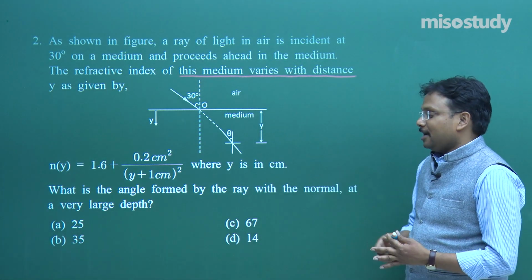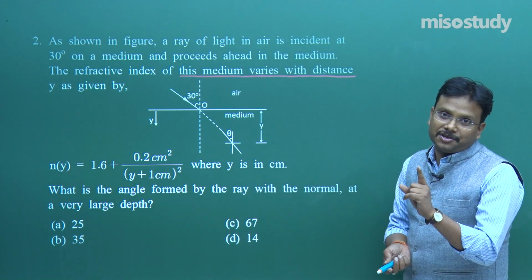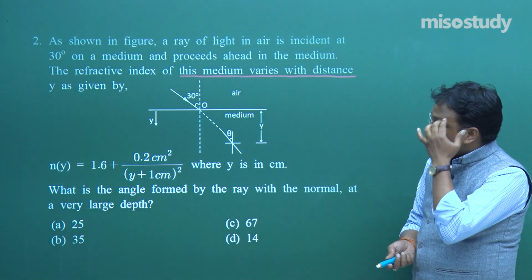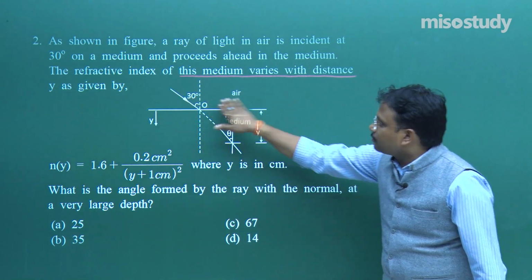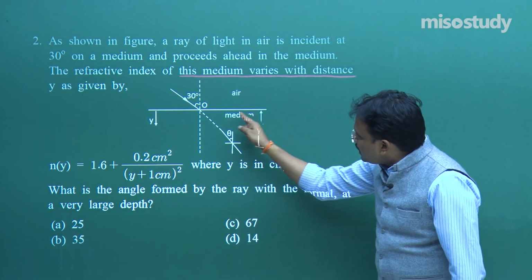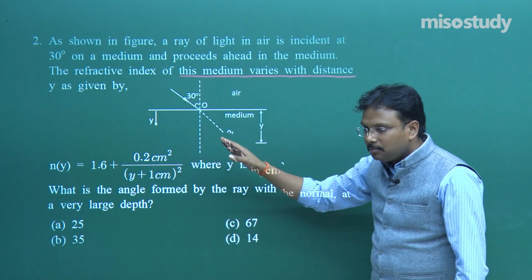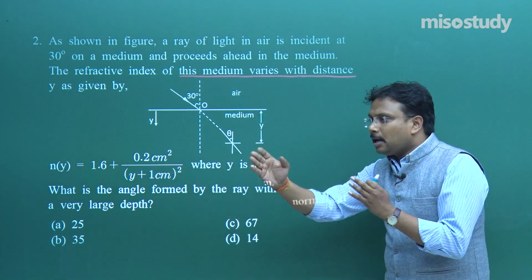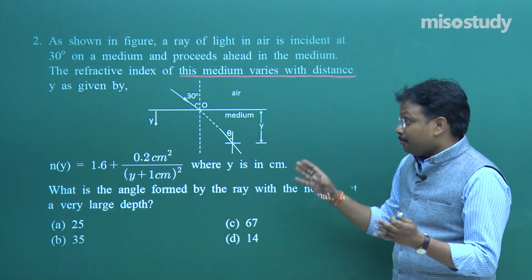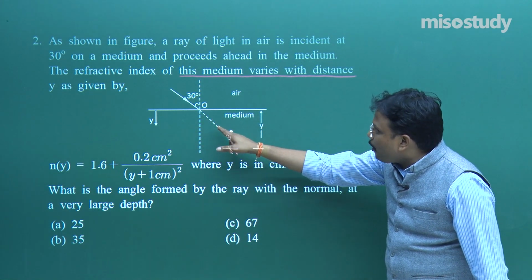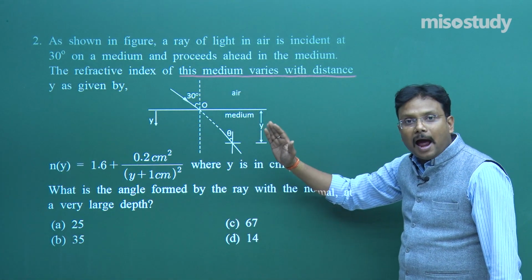And actually in your JEE Advanced exam, many times they ask this type of question. So, I thought it's better at least to introduce this concept to all of you. Otherwise, if let's say this is air, complete, and let's say this is glass, no problem. Refraction, the ray will come, then as per the rule, rarer to denser, towards or away from the normal, you can easily decide. But here, as the ray keeps on moving, it will deviate further and so on.